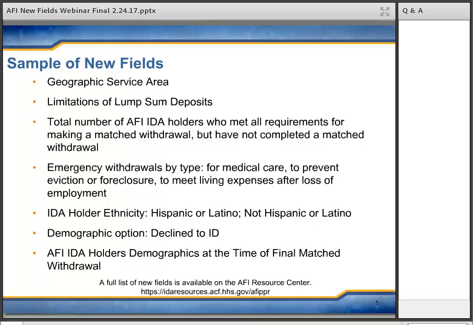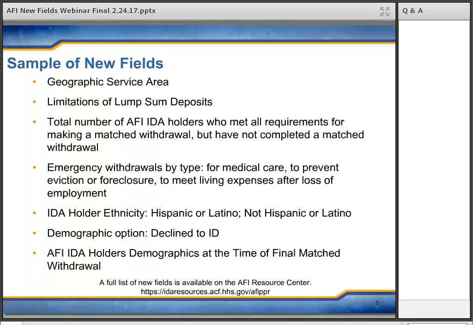So we're getting some very detailed questions. You guys are doing your homework. So there is an unknown in E2, but most of the demographics don't have an unknown. I'm sorry, you guys are catching me. There are a few of the demographics at the top that are unknown, but that should be used when your IDA holder says unknown.